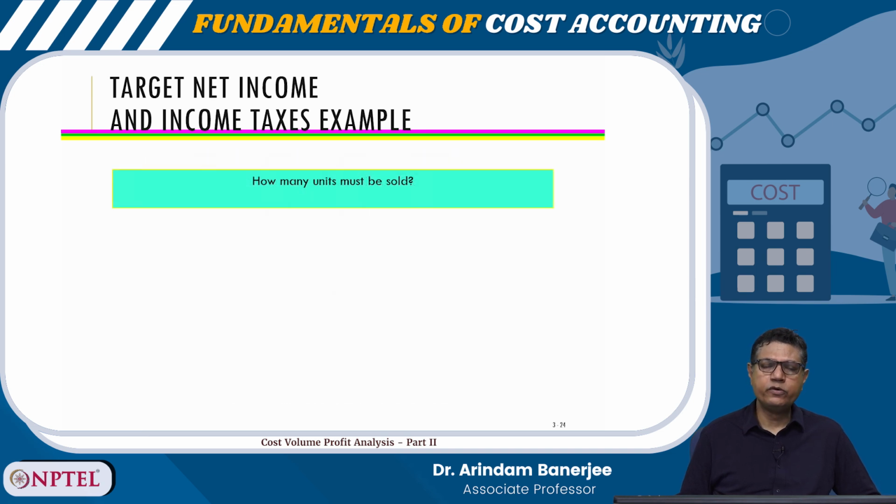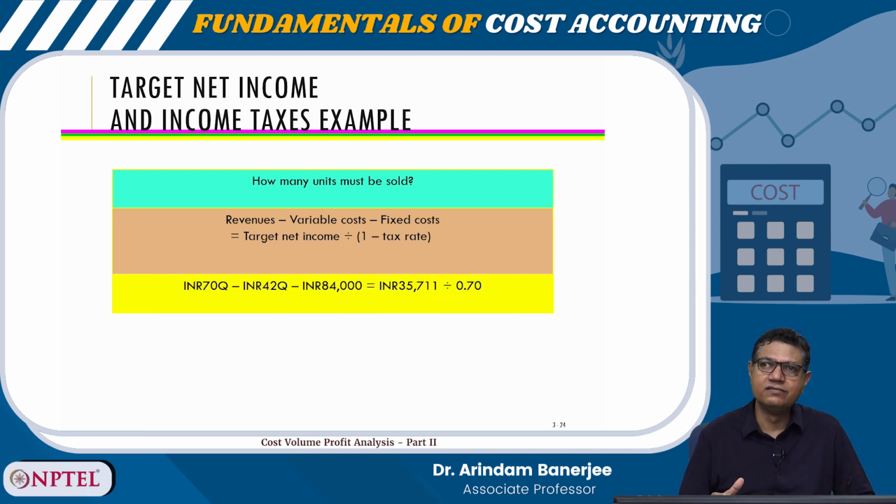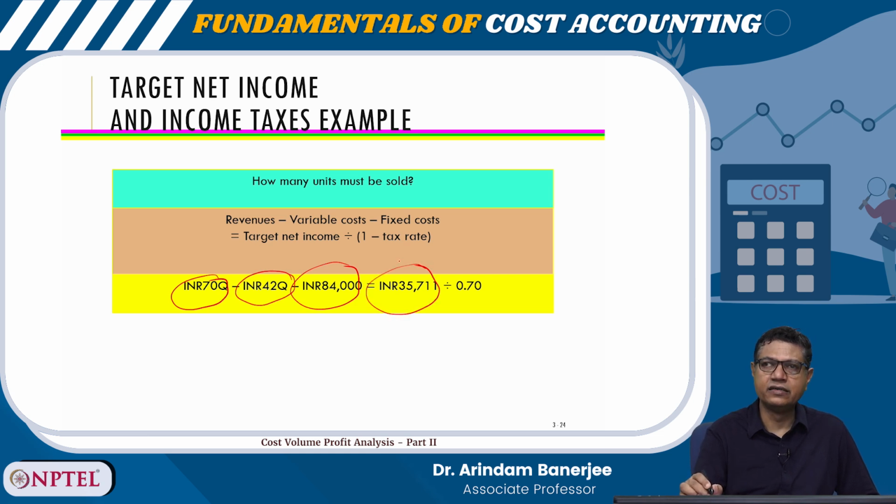Okay. So how many units must be sold? Revenue minus variable cost minus fixed cost is equal to target net income divided by 1 minus tax rate. I can put the values in the equation we discussed previously: 70Q is my total revenue, INR 42Q is my variable cost, 84,000 is my fixed cost, and my target income is 35,711 divided by 1 minus 30%.